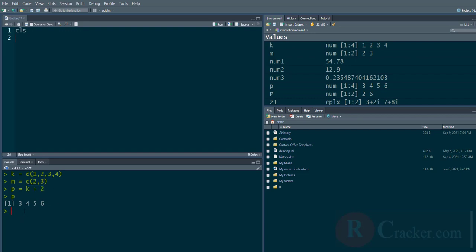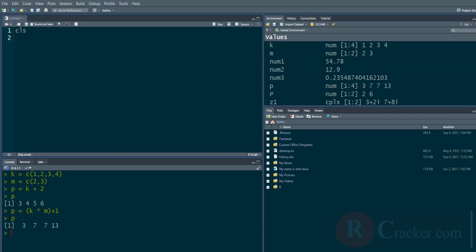Now what if you want p to be equal to k, placed in parentheses, multiplied with m, plus, for the sake of convenience, 1, and I'm printing p.